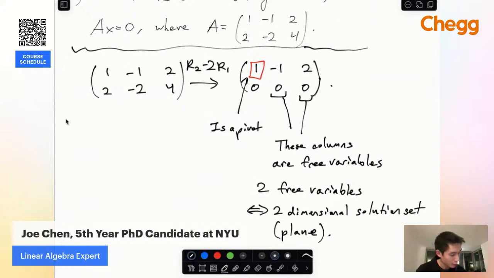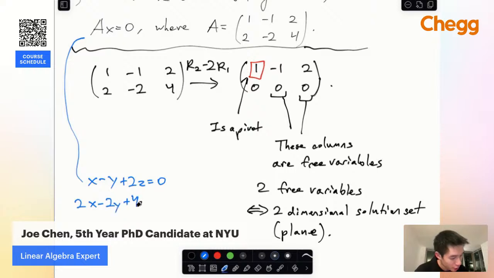So we'll do this in another color. Here, if we call the variables x, y, and z, we have x minus y plus 2z equals 0 as the first equation, and 2x minus 2y plus 4z equals 0 as the second equation.